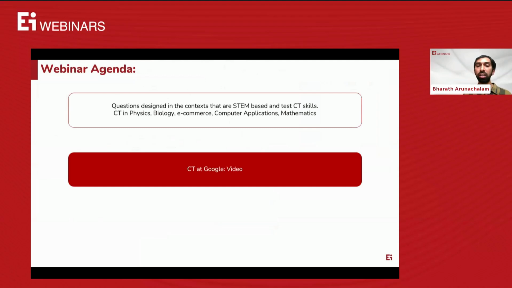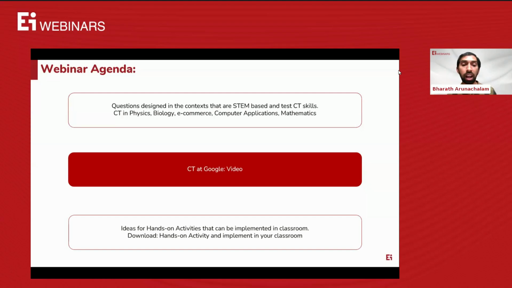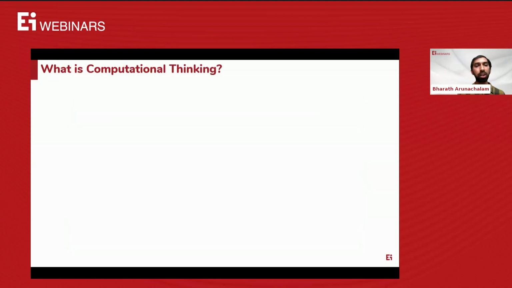We'll also look at a very old video, 12 years old, about how engineers at Google were talking about computational thinking. And the last one is ideas on hands-on activities that can be implemented in classrooms. These would be downloadable versions of the activity that you can take and use in your classrooms. So with that, let's quickly look at what computational thinking is.